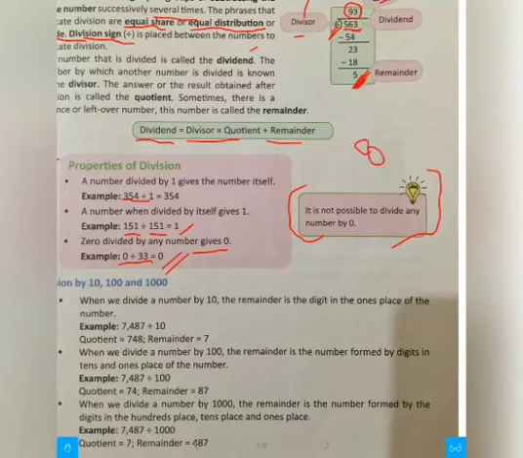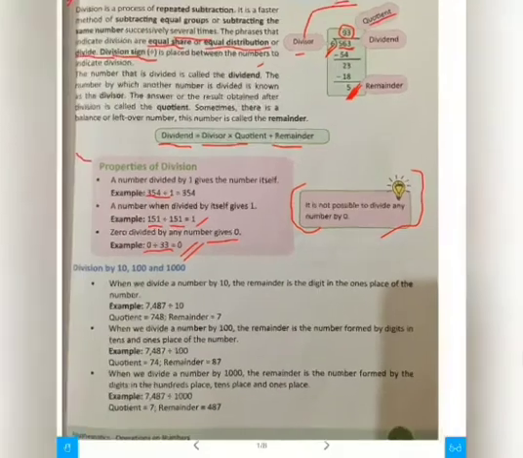This is the sign of infinite, not 8. Let me make it again. 8 is made like this, and this is like this. So if I am dividing any number by 0, the answer will be infinite, meaning not defined. So it is not possible to divide any number by 0.